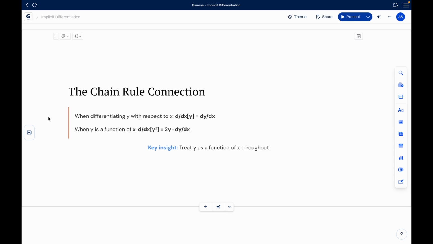So basically, treat y as just any function of x. So when we have stuff like y squared or sine of y, we're going to be using the chain rule. And the chain rule is going to be something very commonly used, so you must have a very solid understanding of that. And it might also help to be able to do a little bit of it mentally to start speeding up your ability to solve the problem.